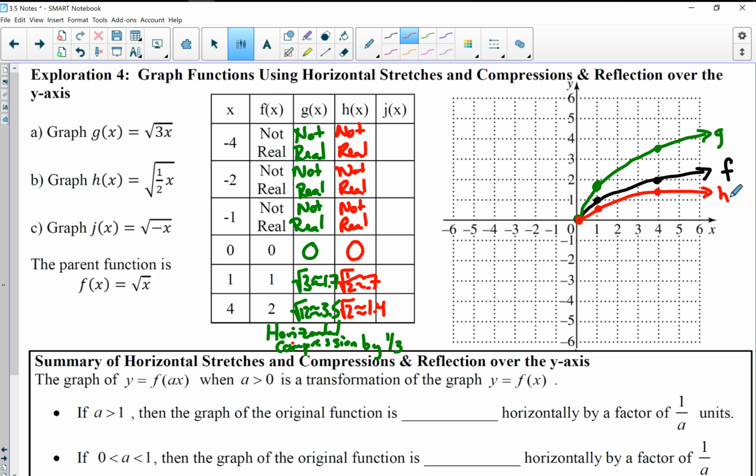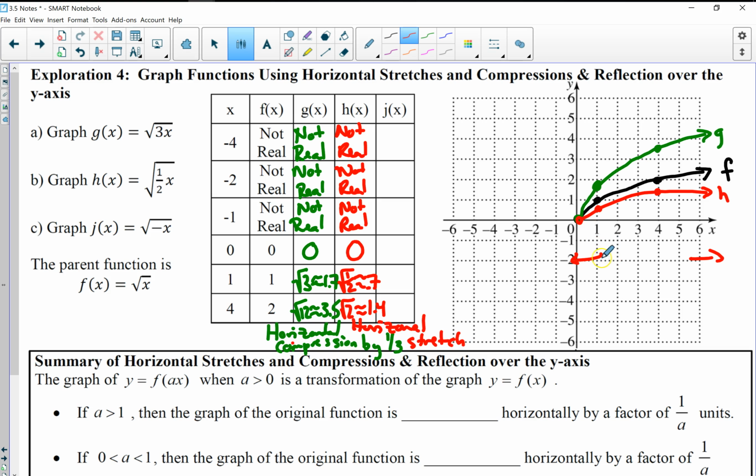So kind of like we mentioned on the last one, I would think of taking my black parent function and grabbing it at 0, 0 and grabbing it at my arrow and thinking of moving my hands apart to be a stretch or putting my hands together to create a compression. So we said G happened because I put my hands together and created a compression. So how would I elongate to create the red graph? Well, I would need to move my hands apart. So this is actually a horizontal stretch.